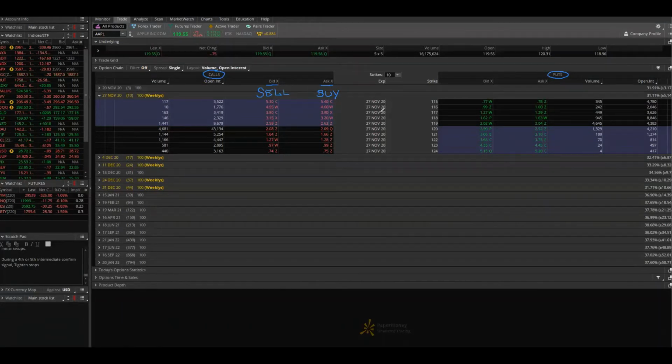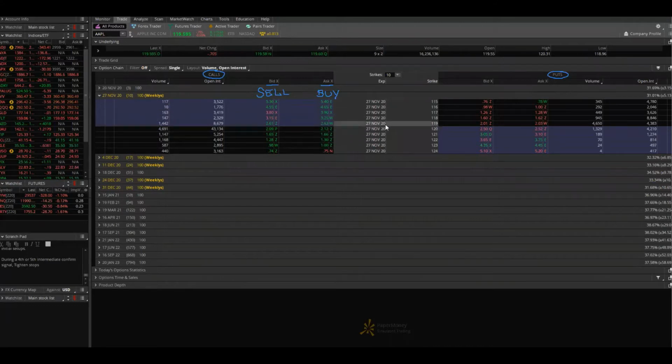So I'm going to go ahead and set up an actual trade. I'm going to set up buying a call option, for example here, and then I'm going to do it for buying a put. So that way you understand exactly how to do this.